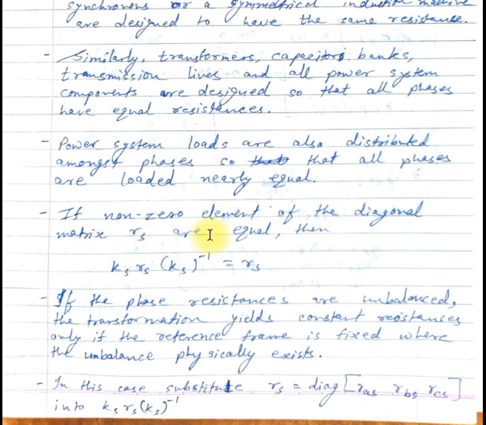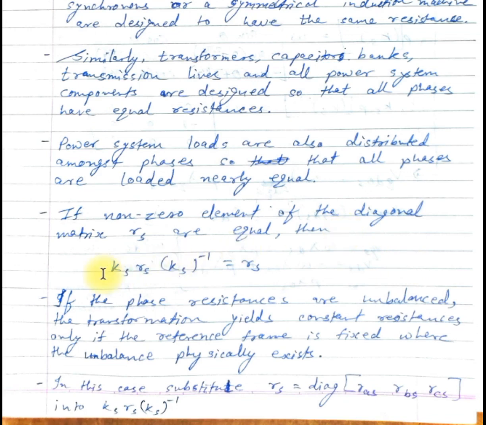And if the non-zero elements of the diagonal matrix Rs are equal, then Ks into Rs into Ks inverse is equal to Rs. Now this is only possible if the non-zero elements of the diagonal matrix Rs are equal.